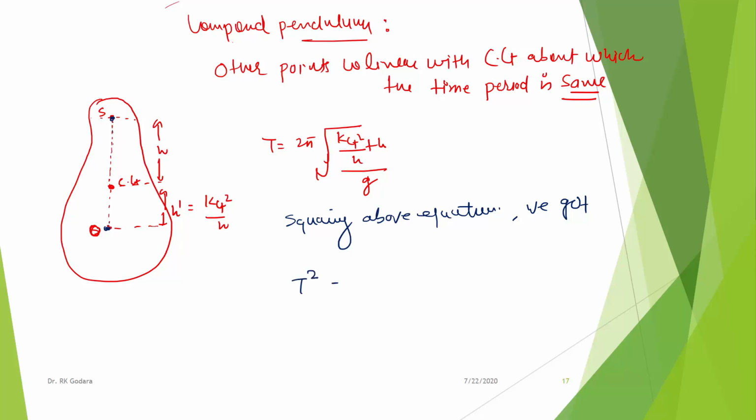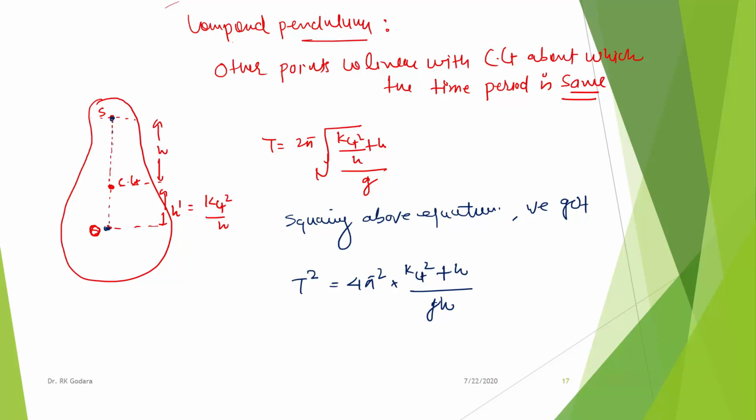T square is equal to 4 pi square (kg square plus h square) over gh.